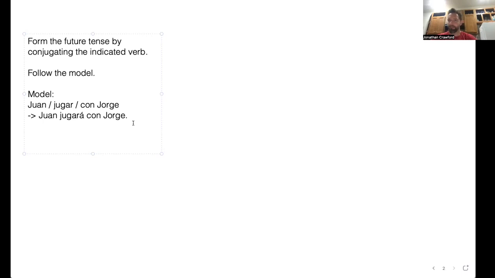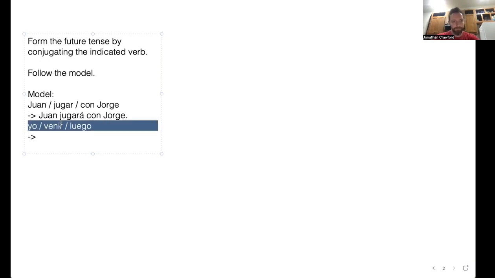Some of the verbs might be irregular though, right? And so if it's irregular, I'll give you another model. Yo venir luego. Okay. Yo venir luego. So if it's an irregular verb like venir, what's it going to be?